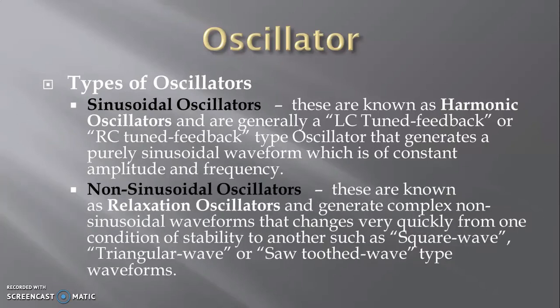While non-sinusoidal oscillators are known as relaxation oscillators and generate complex non-sinusoidal waveforms that change very quickly from one condition of stability to another, such as square wave, triangular wave or sawtooth wave type waveforms.